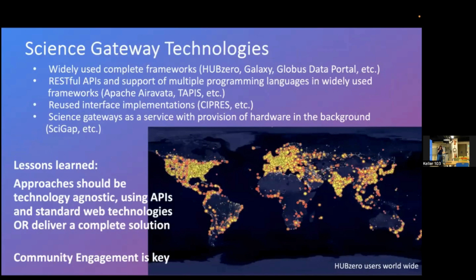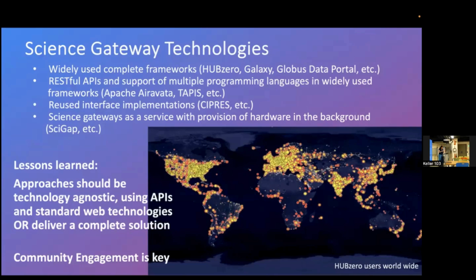What we learned from the last 2 decades is that we have different technologies. It started with many different ones, but few really established themselves as sustainable and mature, and widely used complete frameworks like HubZero, Galaxy, Globus Data Portal, you might have heard about them. Then RESTful APIs and support of multiple programming languages, like Tapis, for example. The two Hawaiian science gateways I showed you were developed with Tapis.